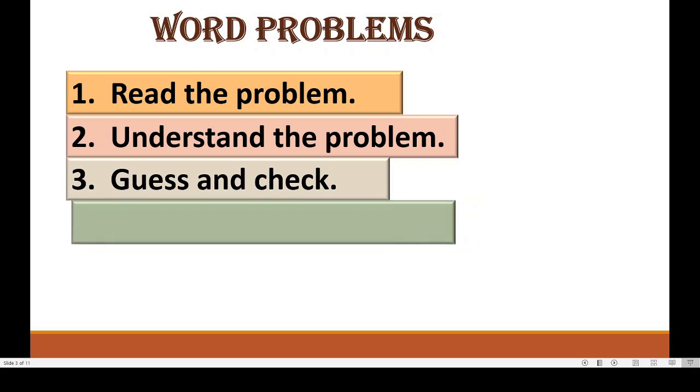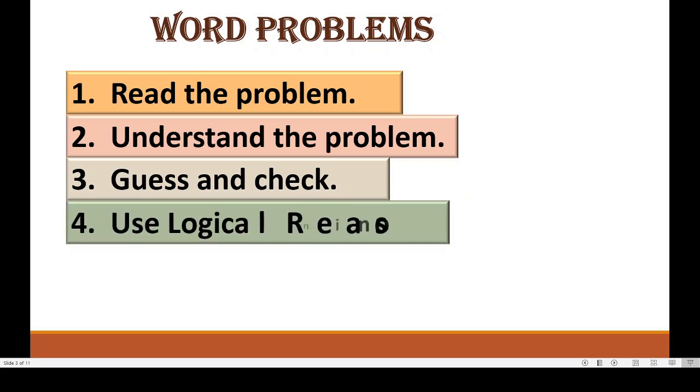The next thing is use logical reasoning. Yes, in some word problems there are different steps, means we have to use addition, then subtraction, again addition, like that. We will solve them afterwards.